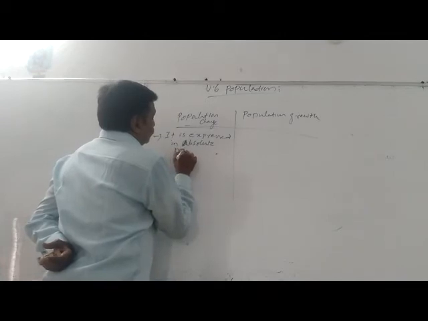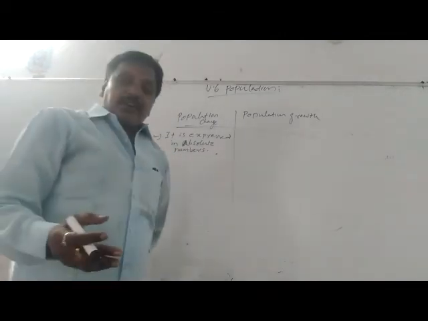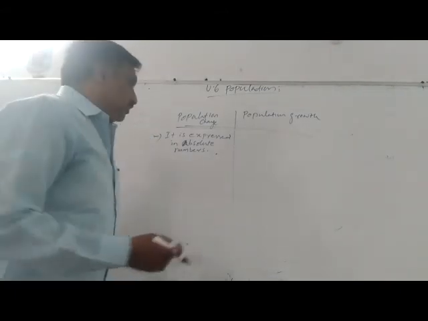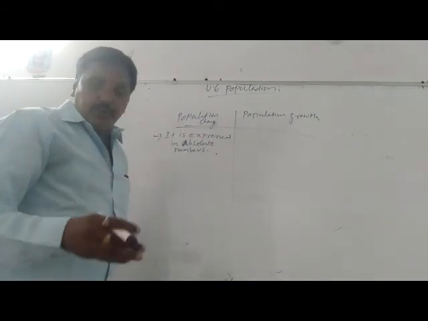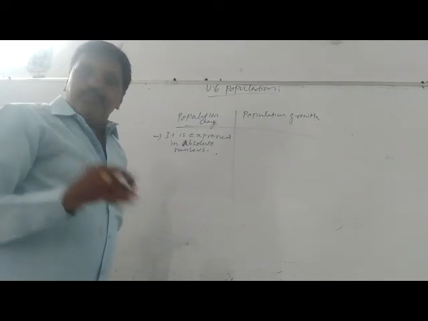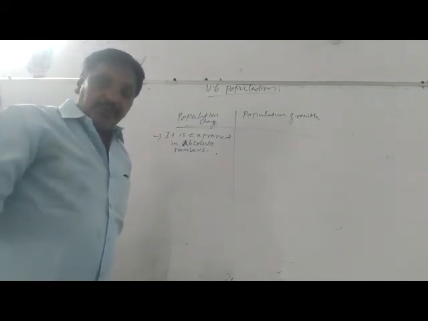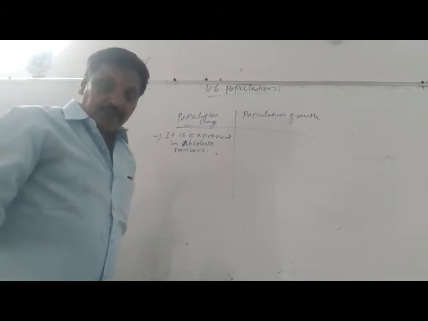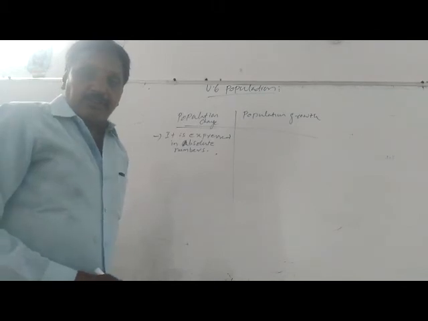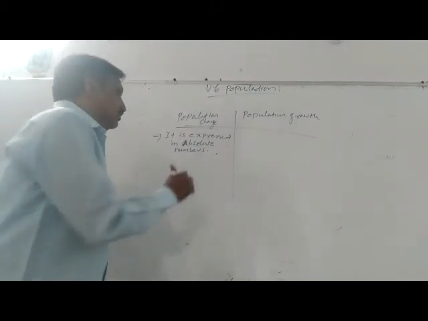That is birth rate plus in-migration minus death rate plus out-migration. Numbers: how many people took birth, how many came from abroad, and we add them. Then we subtract death, how many people died in India and how many went out of India. The remaining number we get is the absolute number.